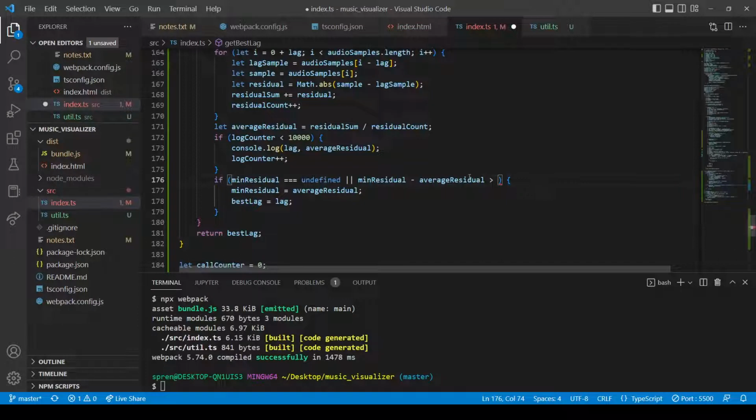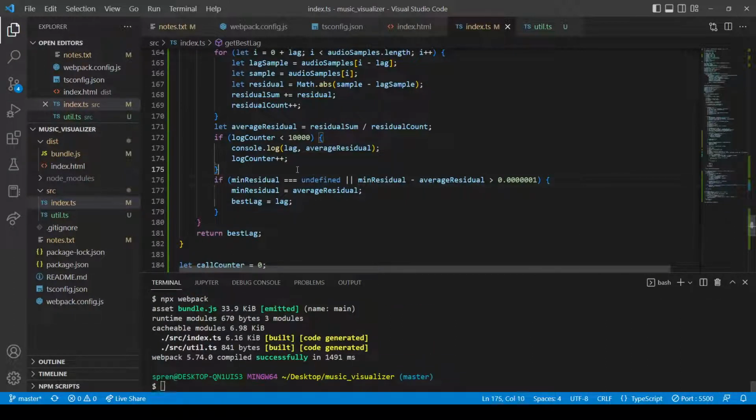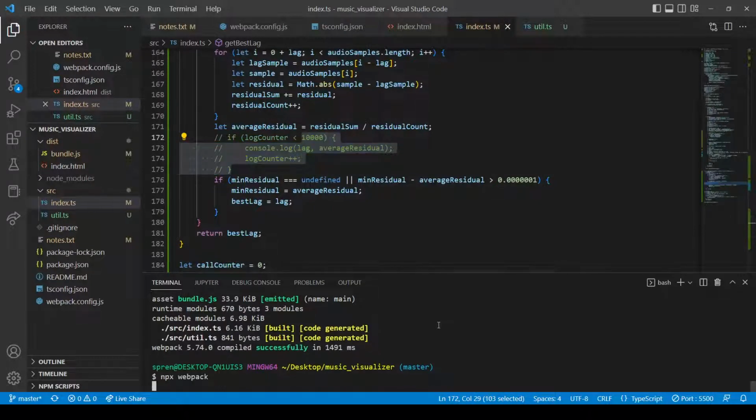We assume that average residual is less. Okay. But it must be more or less than that. Must be that much more less. And now, get rid of this.